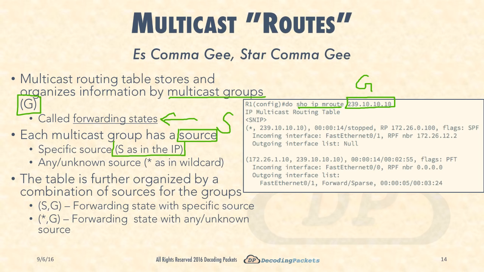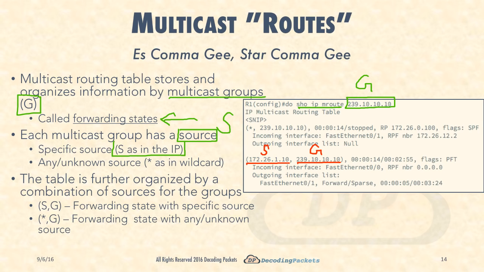So if you looked at the multicast routing table, the corresponding entry would have a defined IP. This is the S. And a defined group. This is the G. And ultimately, this becomes the S,G entry, as opposed to an unknown source, or really any source at all. So sometimes the receiver may say that I am interested in every source that is sending to this particular group.